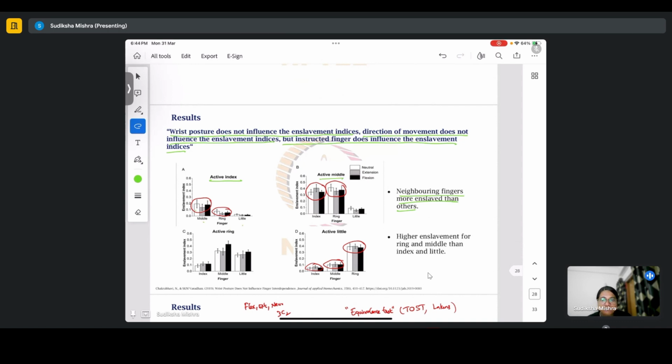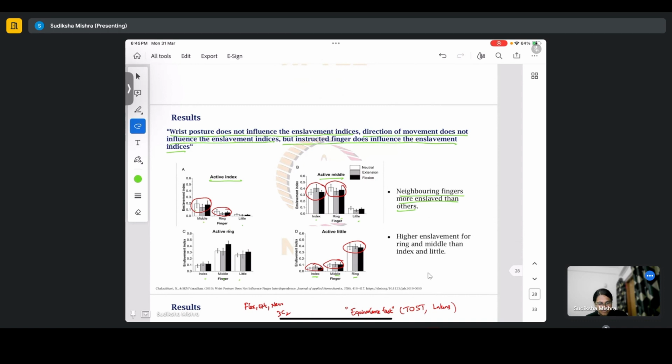In case of an active middle finger, you look at the enslavement index of index finger, ring finger, and little finger. In case of an active ring finger, you look at index, middle, and little finger. And in case of an active little finger, you look at index, middle, and ring.